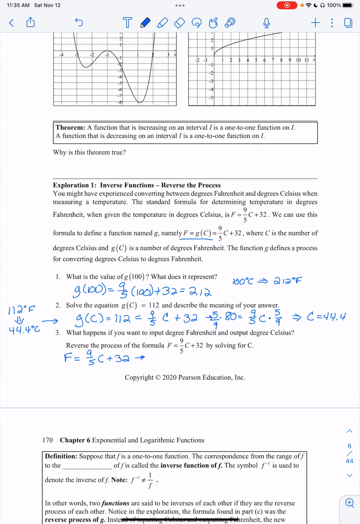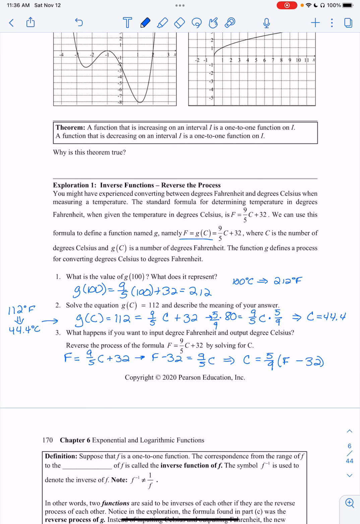So that means that F minus 32 equals 9/5 C. And if I multiply both sides again by 5/9, like I did before, then what I find is that C is equal to 5/9 of my degrees F minus 32, that whole quantity.